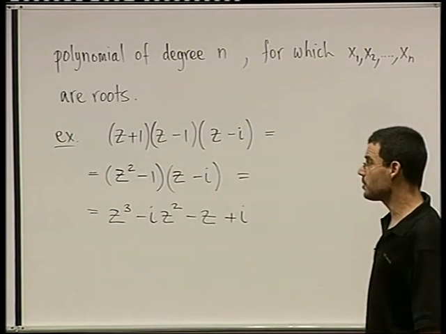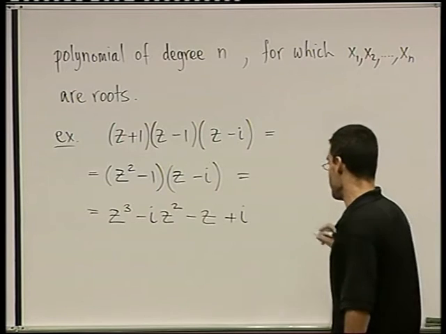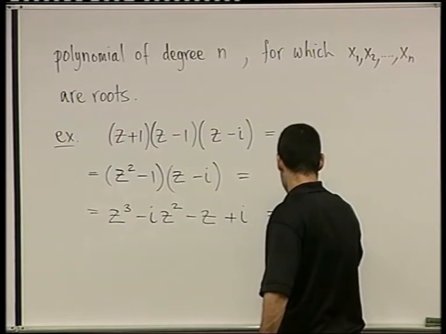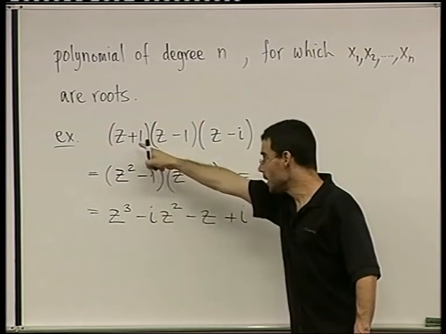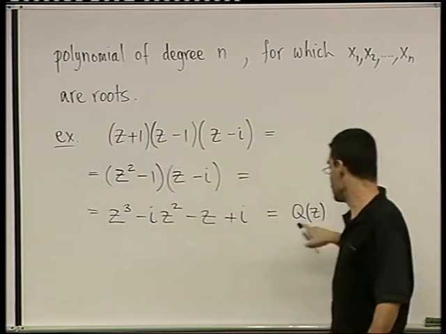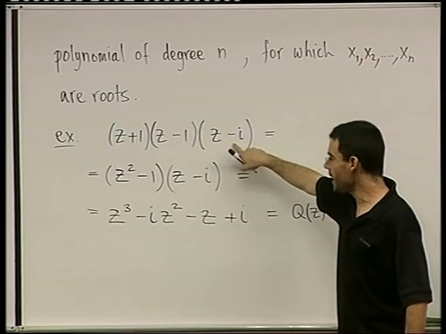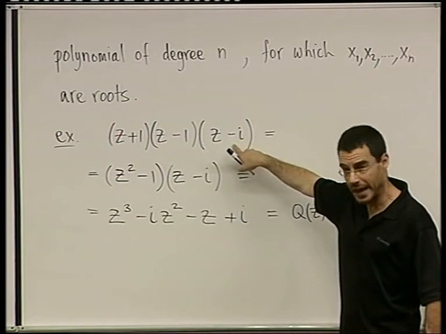If you look back to the first example we started with, this is q of z that we mentioned earlier. So in fact, what happened here is that we factored q of z as a product of 3 linear factors.